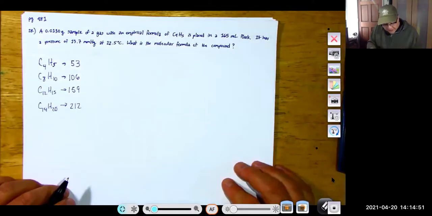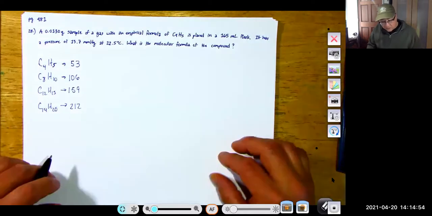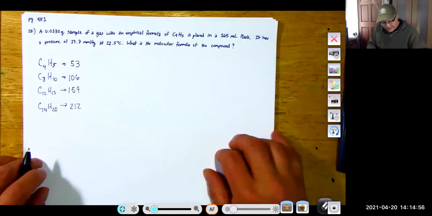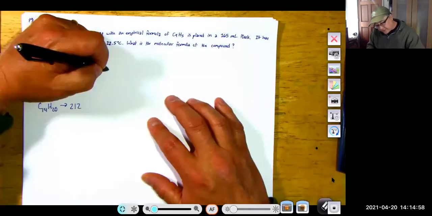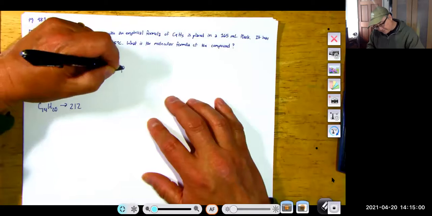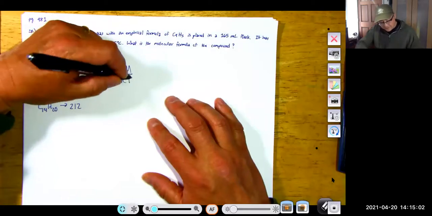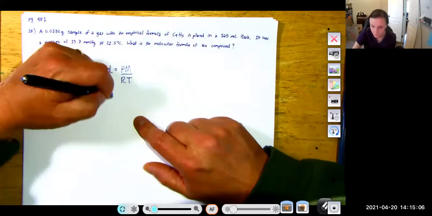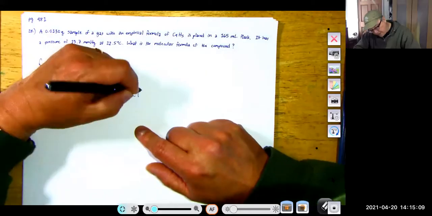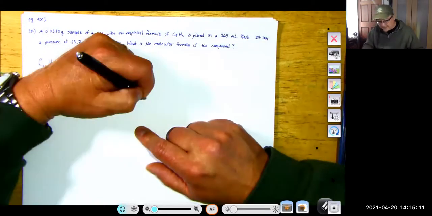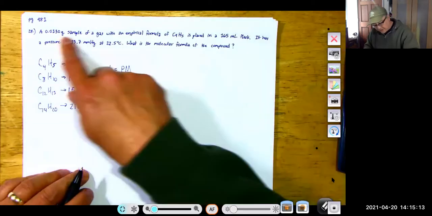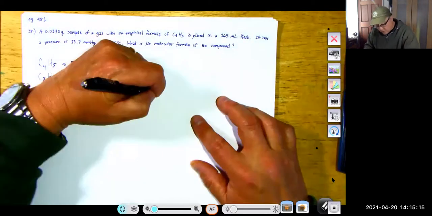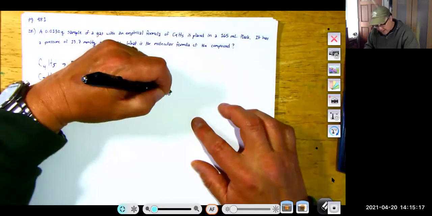So I've got a good chance of figuring out what the molecular formula is based on this. I'm going to use D is equal to PM over RT. I'm solving for M, which is DRT over P. The density is 0.0130 grams.